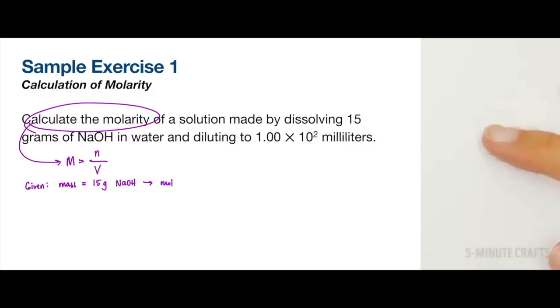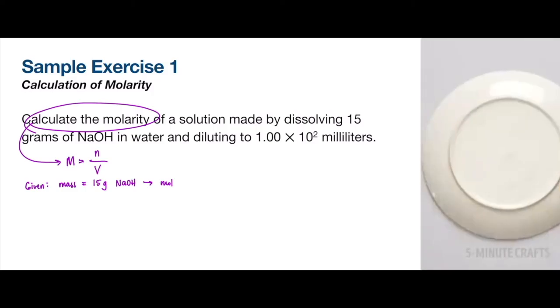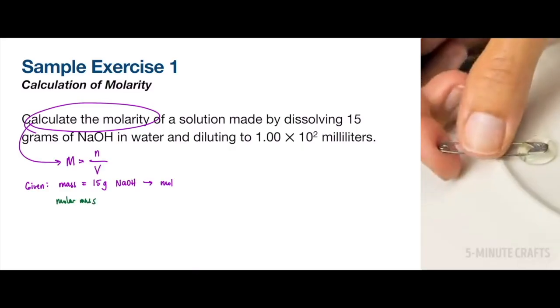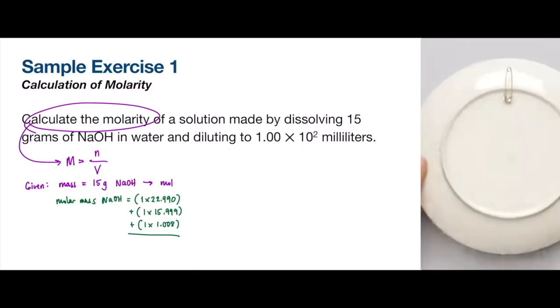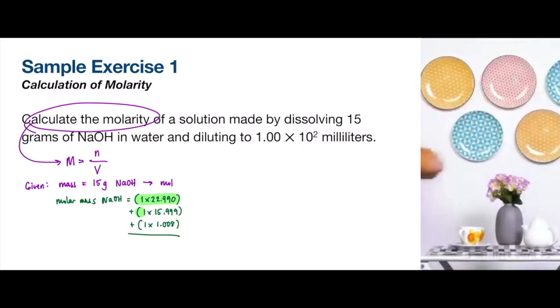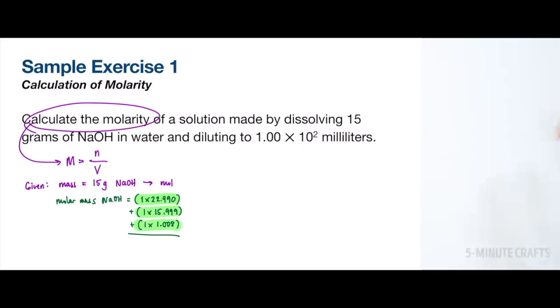And for us to convert 15 grams of sodium hydroxide to moles of sodium hydroxide, we need the molar mass of sodium hydroxide. So sodium hydroxide contains 1 sodium atom, 1 oxygen atom, and 1 hydrogen atom.